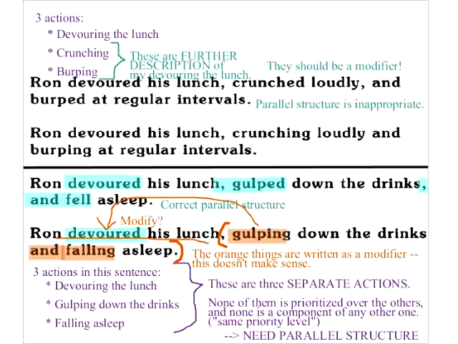But in this case, you actually want to have a modifier. So the modifier usage here is legitimate because it's actually a modifier. If you think about what the sentence is saying, this is further description.